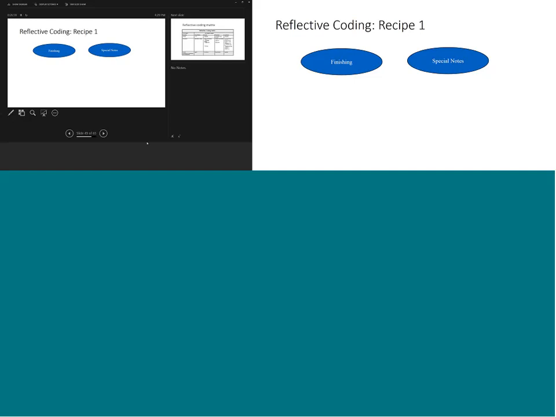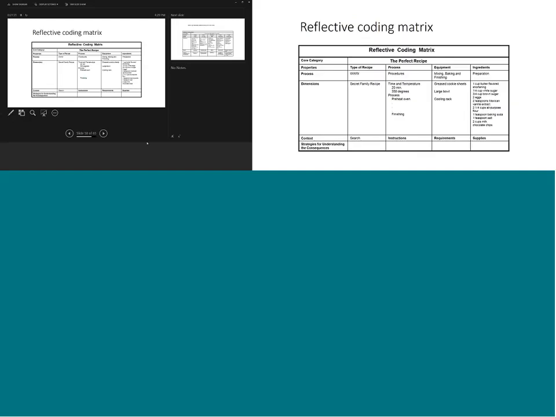After you establish the matrix for one, then go back and do the next one, and do the same thing. Break that recipe down into open codes, coalesce it again into your reflective or axial coding, and after you do that, you can take that participant and begin to add them to the reflective coding matrix, which is right here.